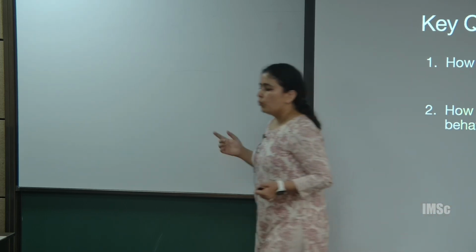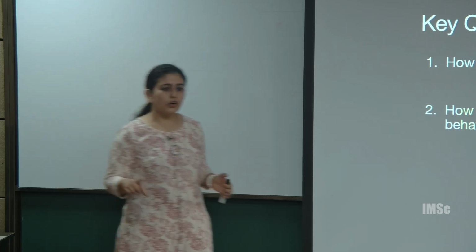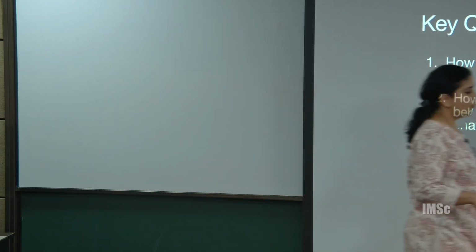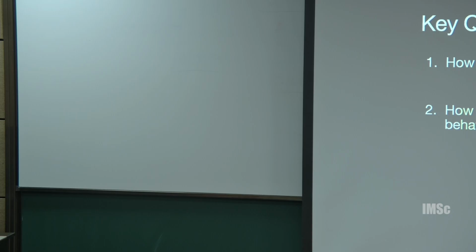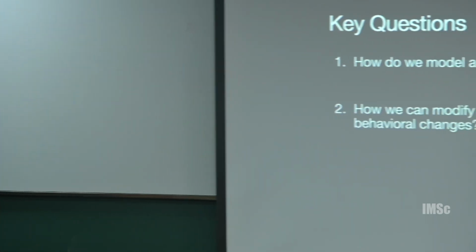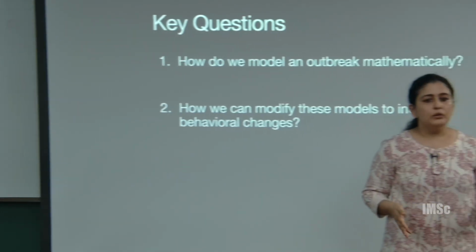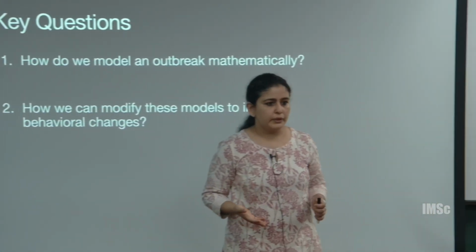Okay. One thing I want to point out is the R naught that I mentioned. The basic reproduction number is valid only in the initial phase of the epidemic. It only tells you whether a disease will take off or not, whether an outbreak will happen or not. When the epidemic has already occurred, we talk about the effective reproduction number.